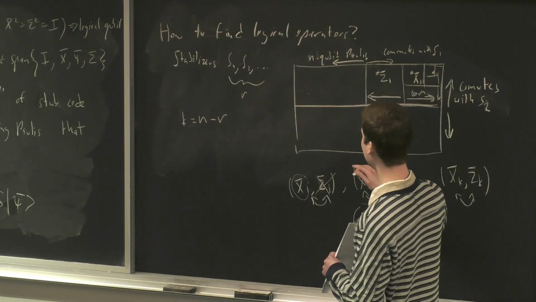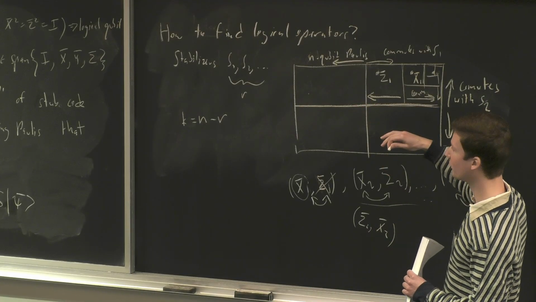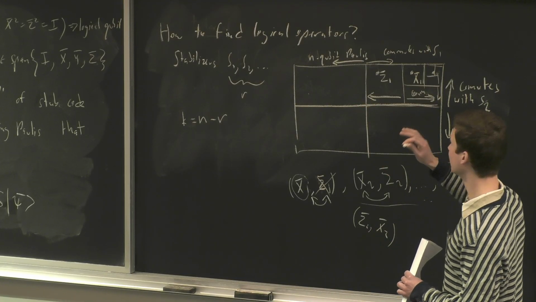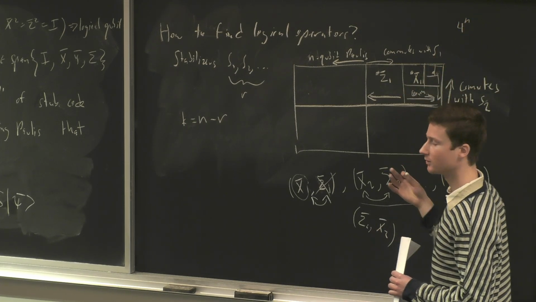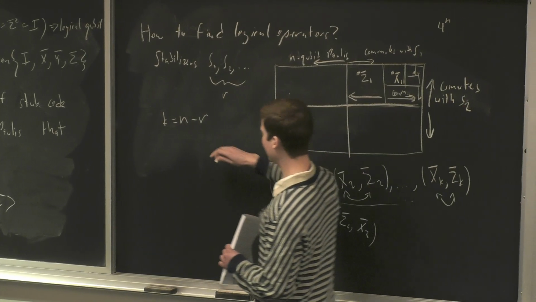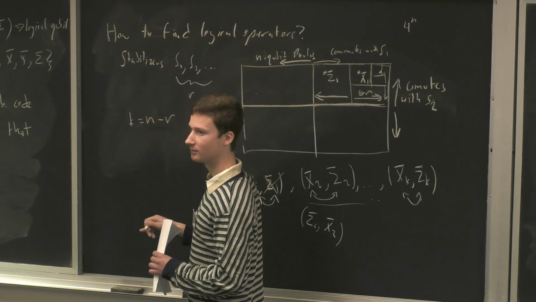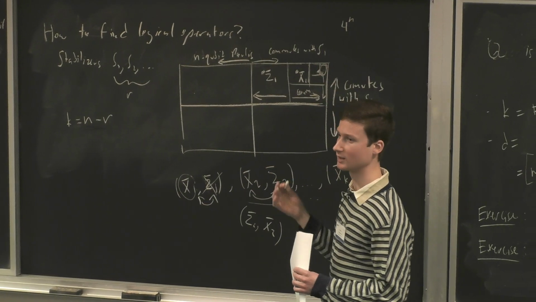Essentially because every time we add another pair of logical operators, we cut our space in half 2 more times. So we start with 4 to the n Paulis, because there's 4 Pauli matrices. If you count how many times we've cut in half, after finding n minus r pairs of logical operators, all that'll be left in this corner is just the stabilizers.